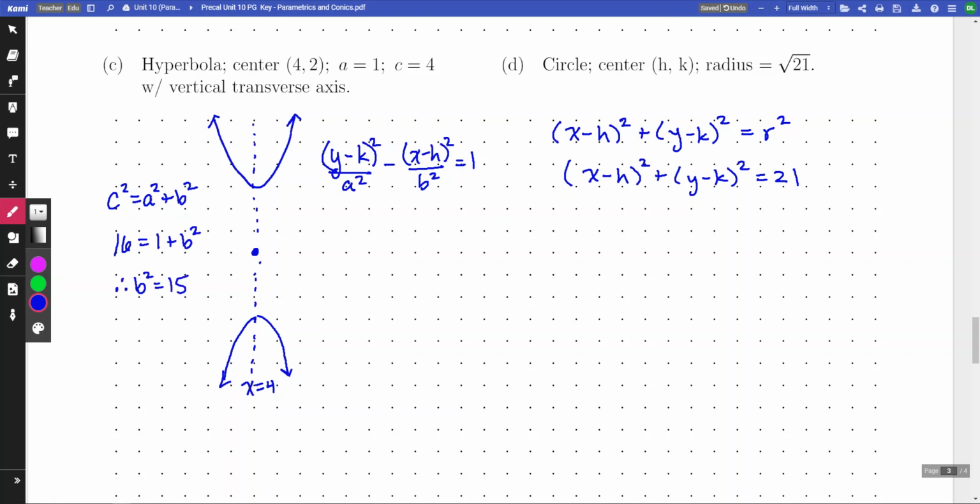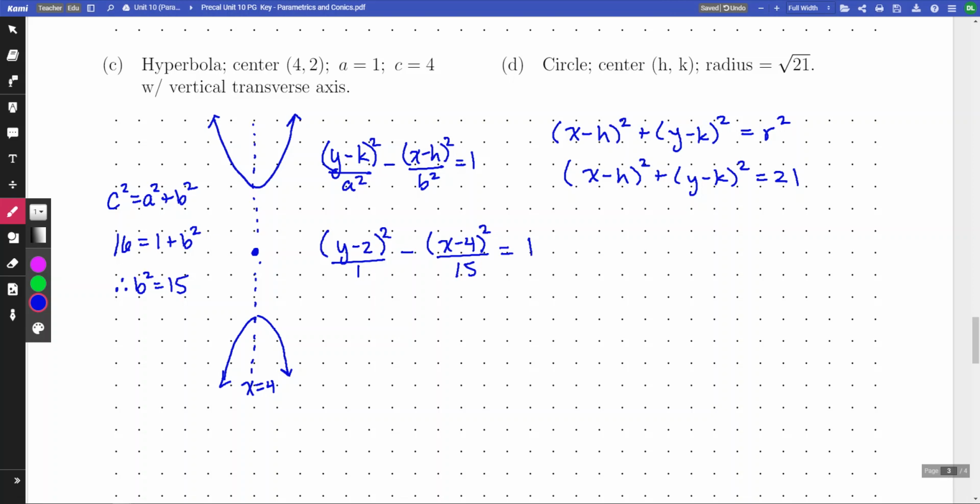I know my center, so I have enough information now for my hyperbola. And that is (y minus 2) quantity squared over 1, minus (x minus 4) quantity squared over 15, equals 1. And that's the equation for my hyperbola.